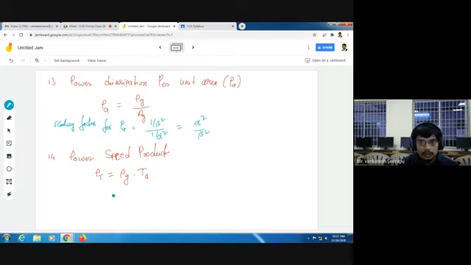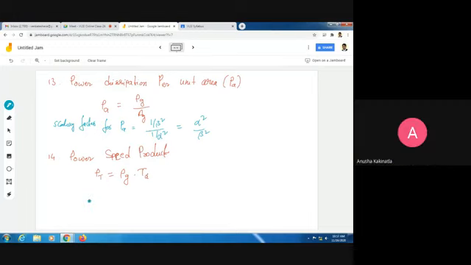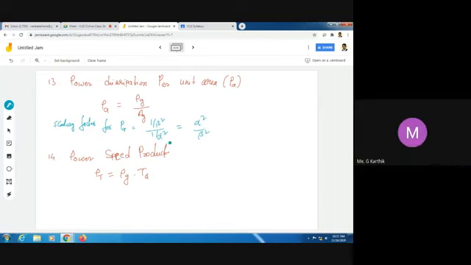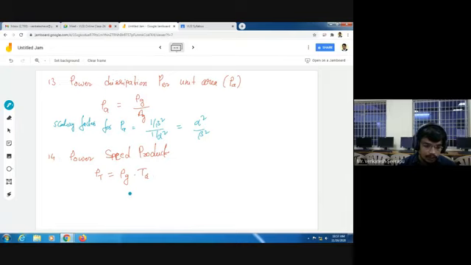Now tell me the scaling factor for PT, the power speed product. Alpha square by beta cube, sir? Alpha square by beta square? No, it is 1 by alpha square beta.